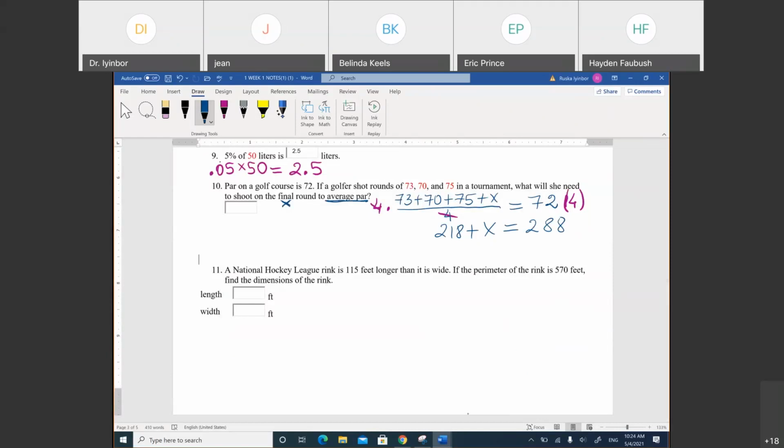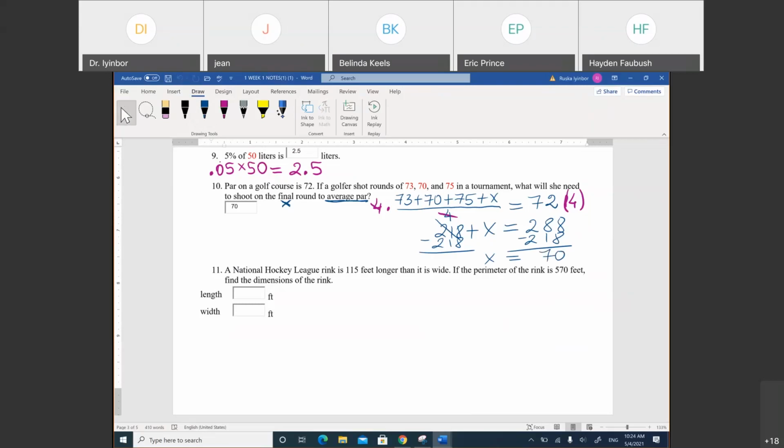Yes. Correct. And then you're going to subtract 218 on both sides, and you're going to get what is x. What is it? 70, right? And that's my answer.